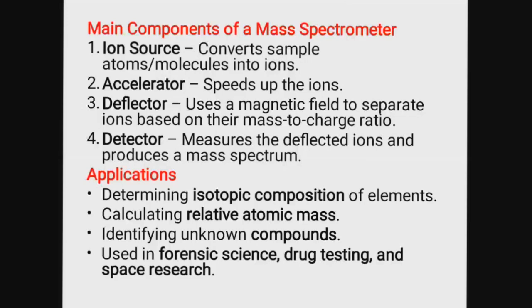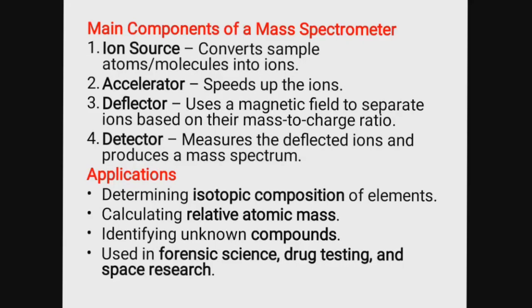The main components of a mass spectrometer: first, the ion source, which converts the sample, atoms or molecules, into ions. This is very important because no other process can take place without it. The atoms need to be converted first before anything else can happen.